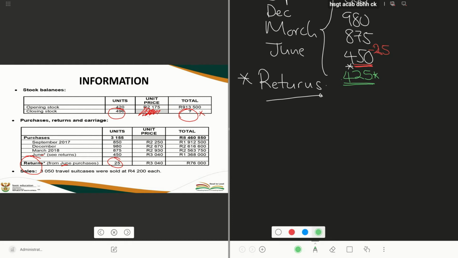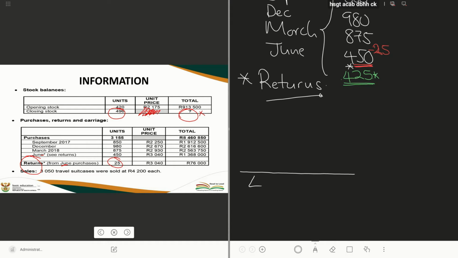Now, very simple. If we made all these purchases, some units were returned. Now, how many units do we have? 496. I want to teach you. You draw a line. Then you come to the bottom and say, how many units do you have at the end?